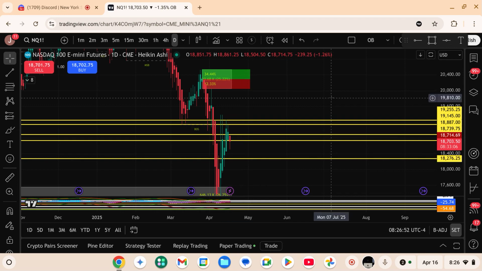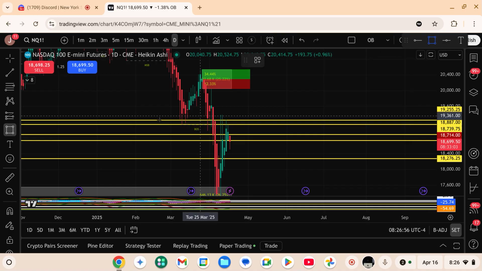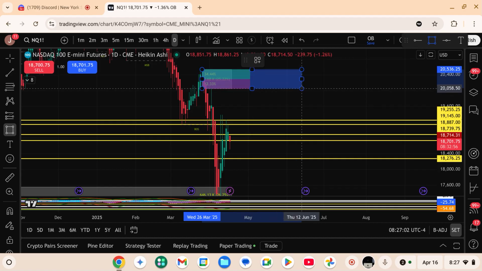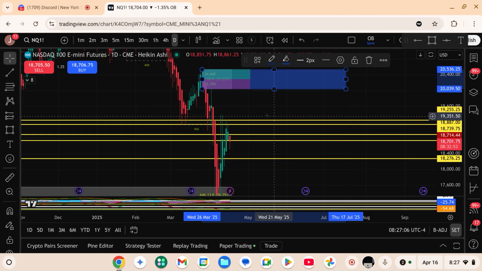So let's do this. Let's draw a rectangle across this order block. Because if it happens to break through all these lines here, from 1, 2, and 3, this is where it's going to target overall.